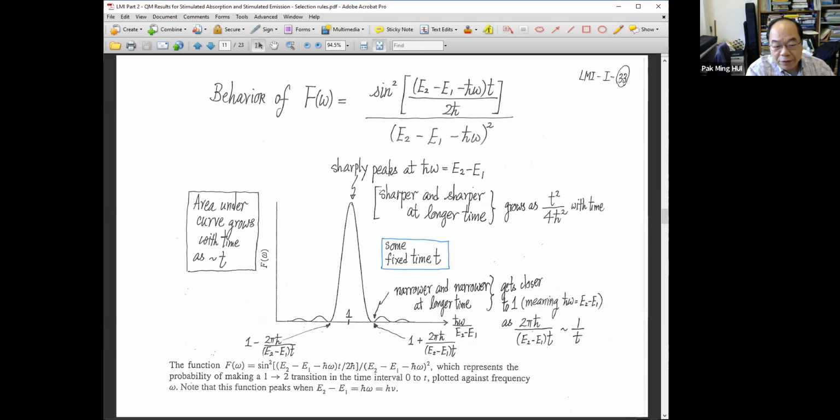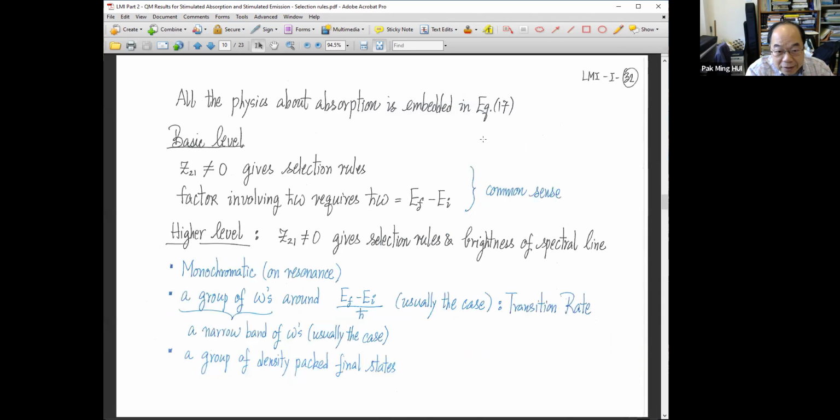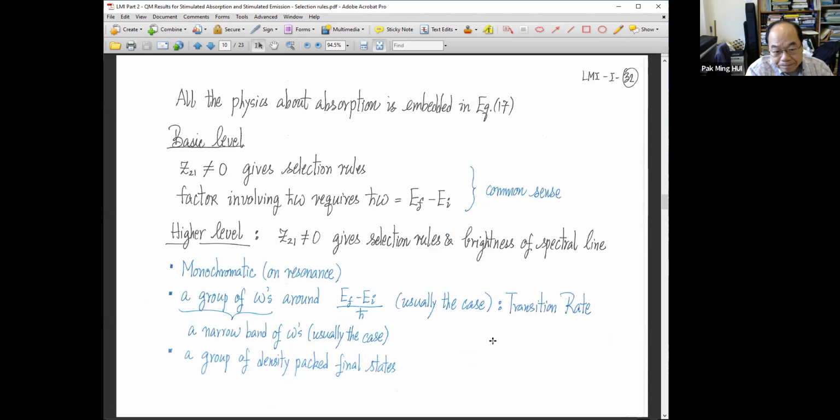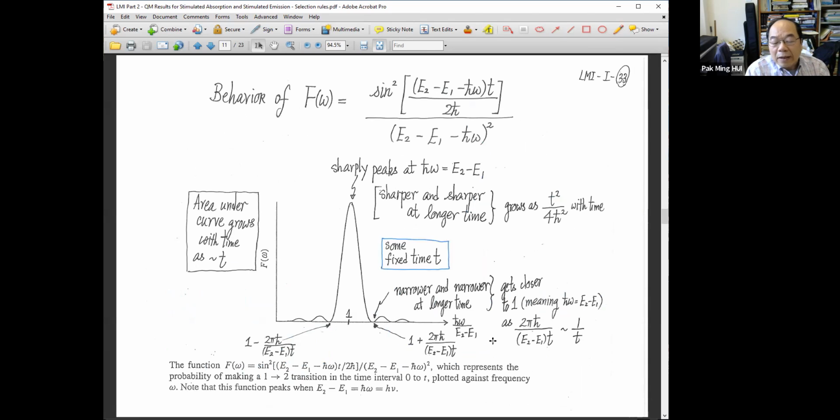In order to proceed further, let's consider the time factor. So where did I get this? Here. Okay. Now this is a complicated function, so pay attention.